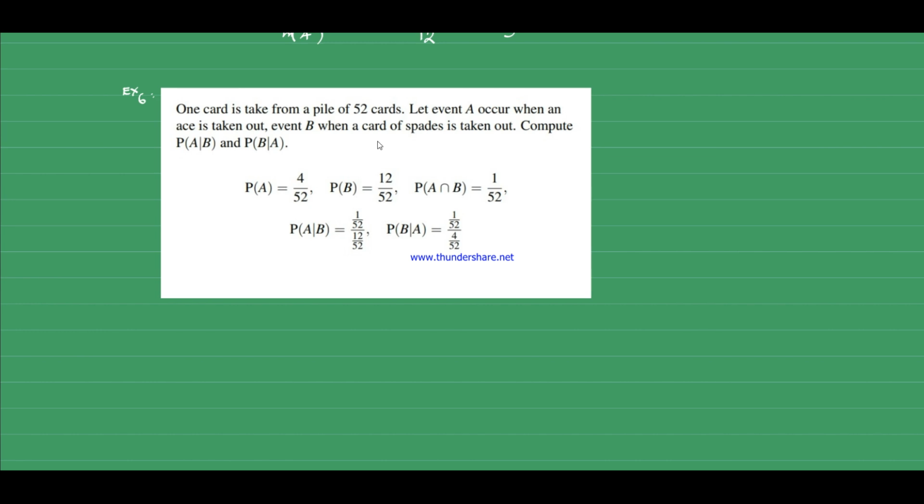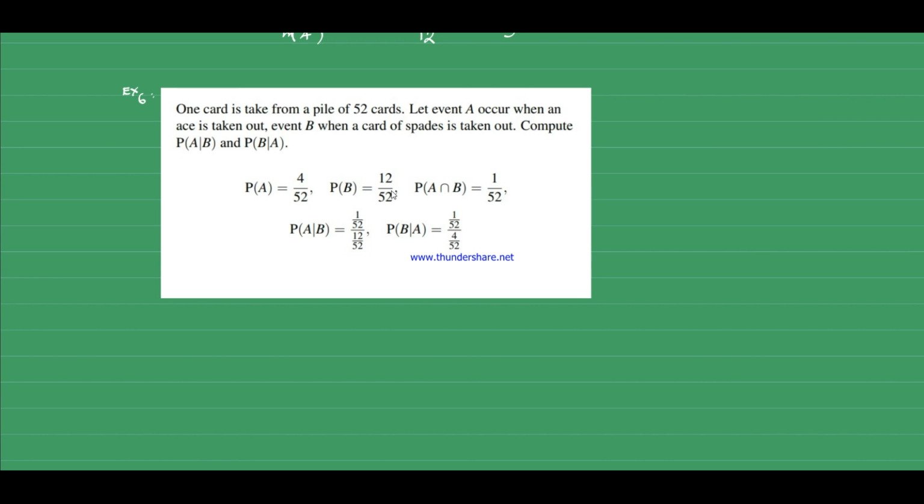B is when a card has spade, and over here the probability of A intersect B. So x and spade, there's only one of them. Well, I think there are 13 spades, right? In my opinion, because we have x, we have 2, 3, 4, 5, 6, 7, 8, 9, 10.